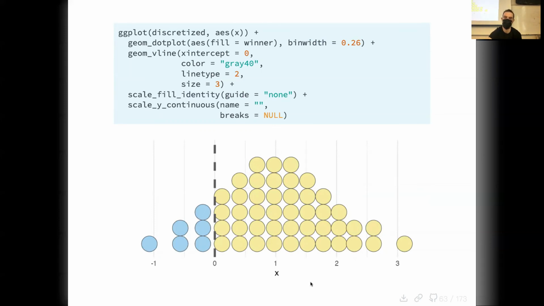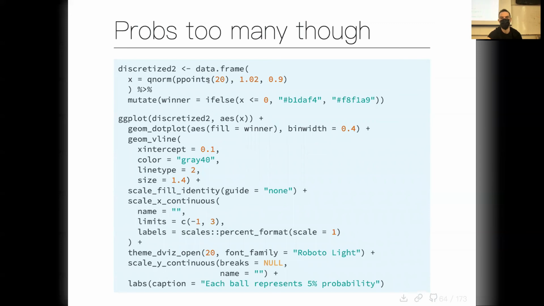And so I don't know how helpful that is. In fact, according to Matthew Kay, once you get too many of these, it doesn't work any better than a density. And so what we can do is do this again, but in this case, I'm only using 20 points. Okay, so now each ball is going to represent 5% probability instead of 2%. And notice I've actually put that in the caption here.